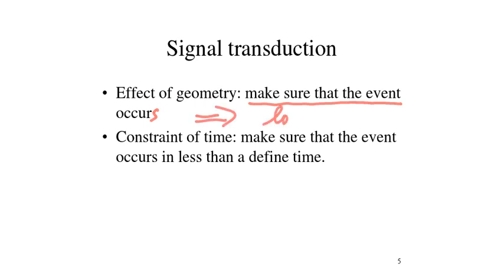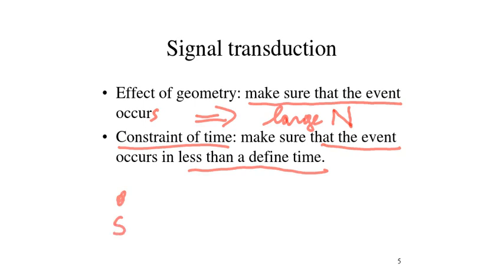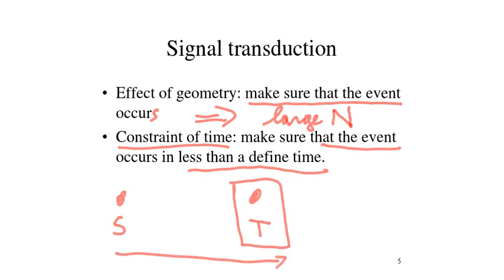That's why in many cases, like in fertility, you need many copies of the same object generated at the same time. And why is that? Because they are constrained in time. You want to make sure that the event occurs in less than a given time. So if you have a source somewhere and a target here, you want to make sure that the target is going to be activated, let's say, in less than a few milliseconds.